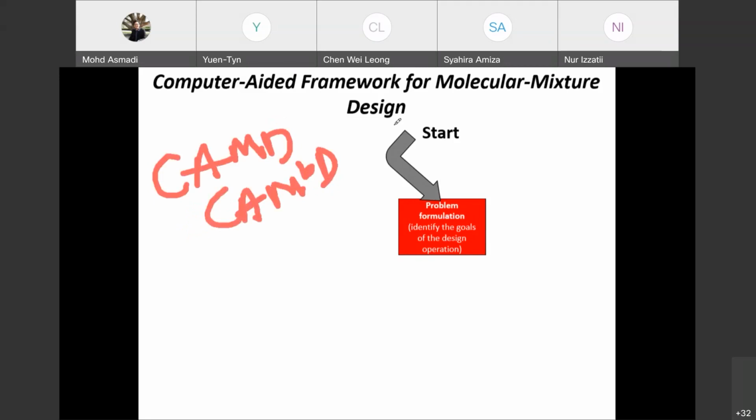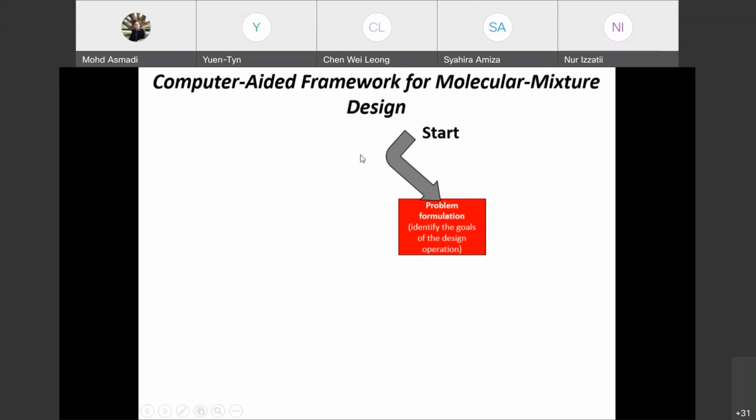So the problem for CAMD and CAMbD, we define in terms of the product needs and function. We have to identify the goals of the design operation. This is the main thing.